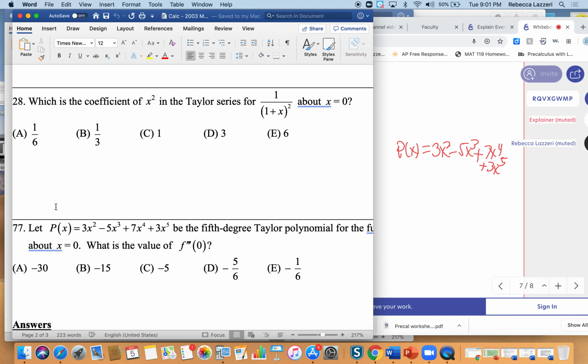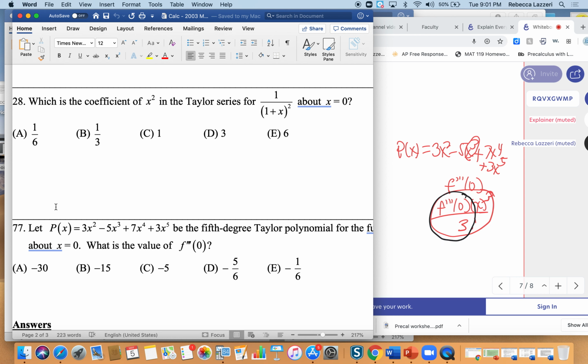And what is the value of, it looks like, f triple prime of 0. Okay, so f triple prime of 0 I would think would come from this x to the 3rd term, because in a Taylor polynomial you would have f triple prime of 0 times x minus 0 to the 3rd over 3 factorial. Don't forget the entire coefficient is being built right here.